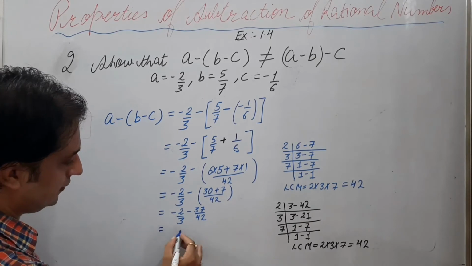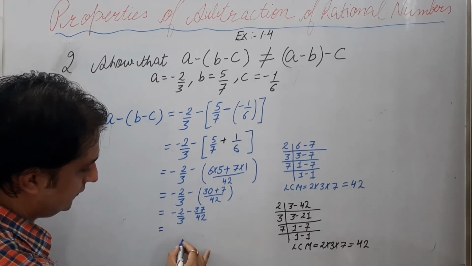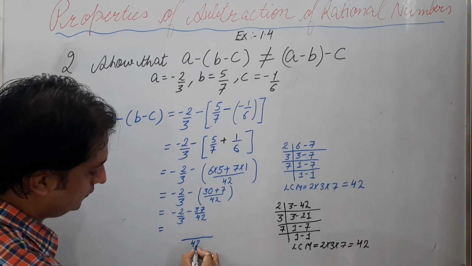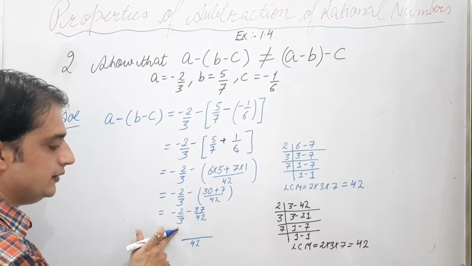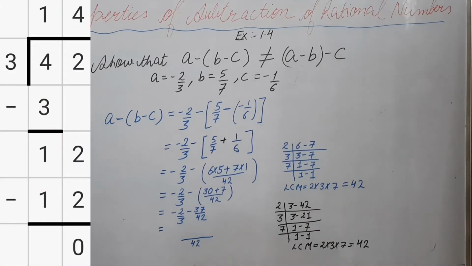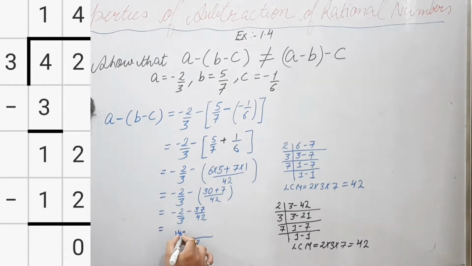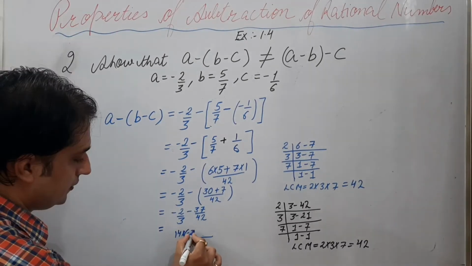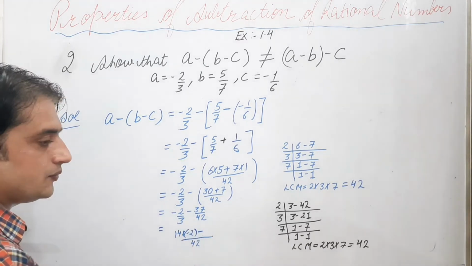What is the LCM? 42. Divide 42 by 3. The answer is 14. 14 3s are 42. This 14 is to be multiplied with minus 2. 14 multiply minus 2, minus sign as it is. 42 divided by 42.